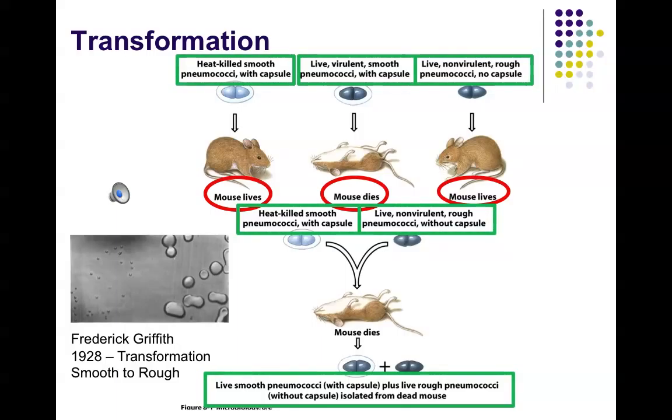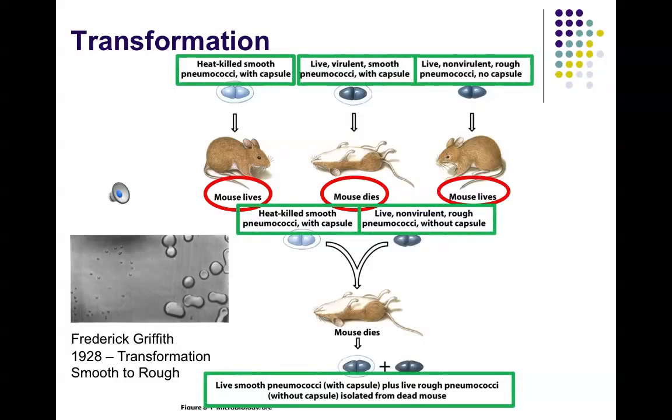That's in comparison to the rough pneumococci, which don't have any kind of capsule. So when you get millions of cells of rough pneumococci together in a colony, the colony appears dry and rough looking on the surface. Definitely not smooth and shiny.